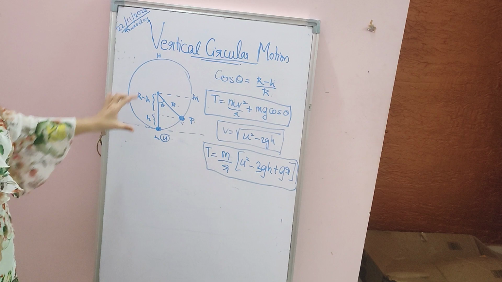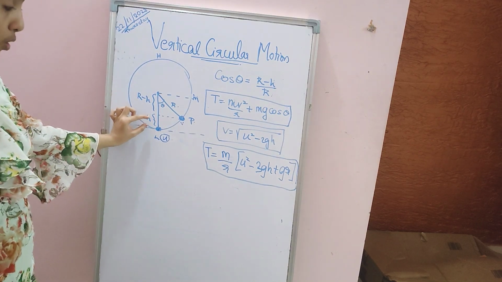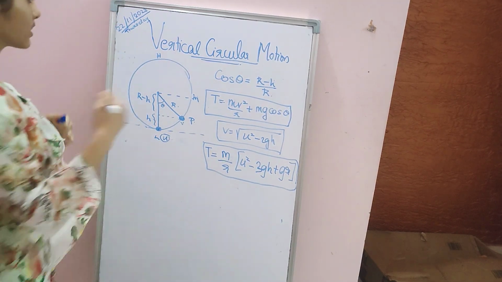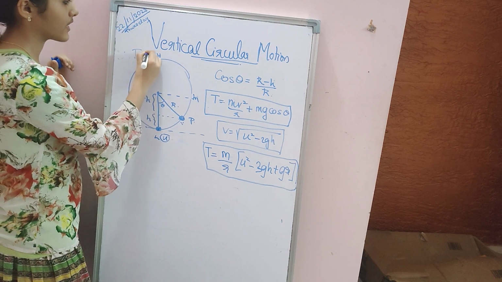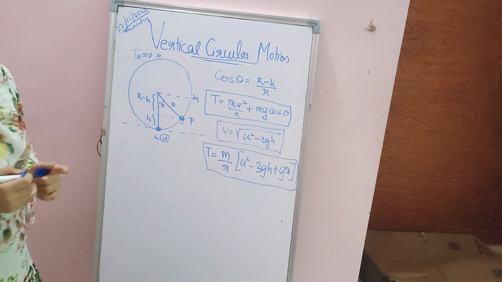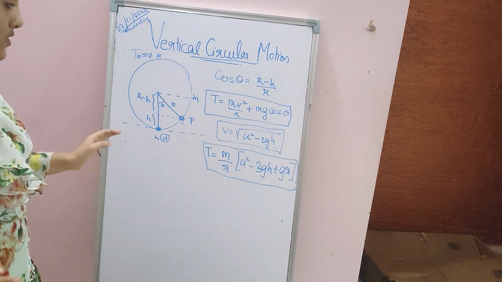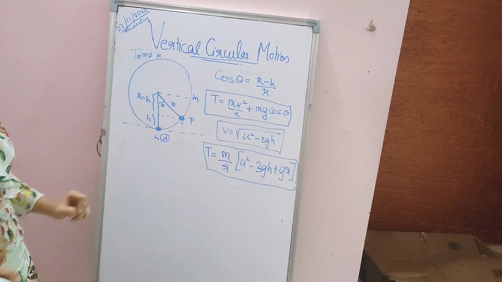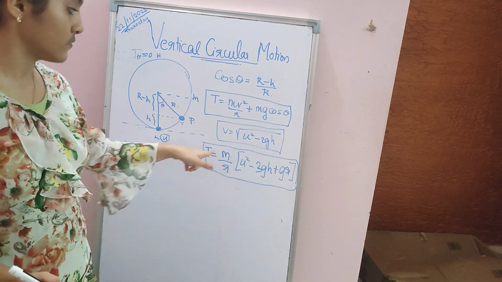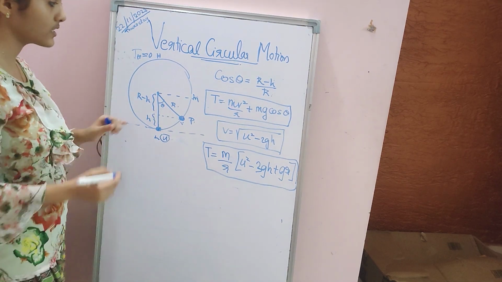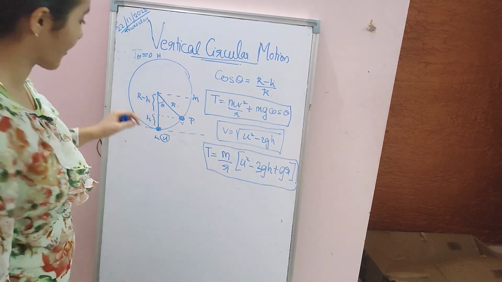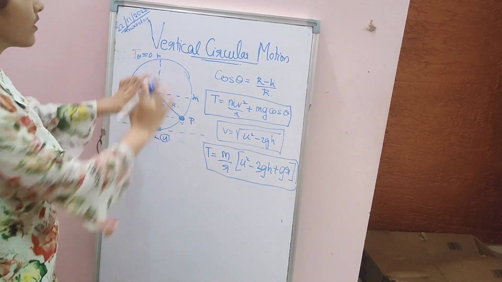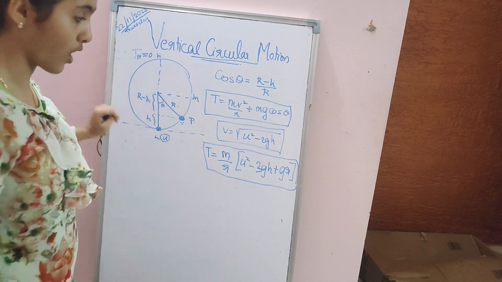Now, let's see when this blob of mass m is undergoing the circular motion, we assume that at the highest point, the tension is approximately equal to 0. Tension is minimum at the highest point and it is approximately equal to 0. So in this equation we can substitute T as 0 and h as what? 2R, because at the highest point, the particle has risen to a height of 2R.